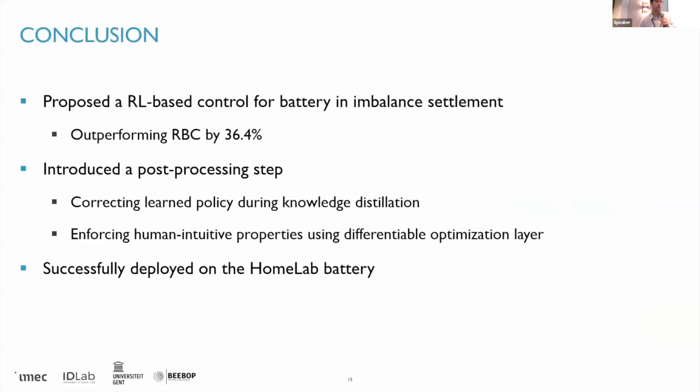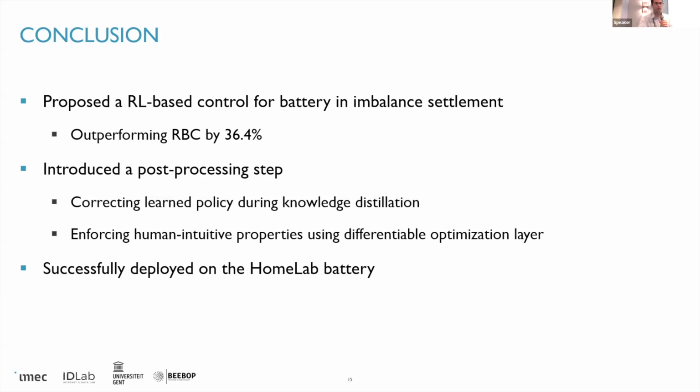So to wrap up our presentation, as I talked about, we proposed an RL-based control framework, which could outperform the rule-based controller by 36%. We also tried to correct our policies using a post-processing step, and we tried to enforce some human intuitive properties using a differentiable optimization layer.